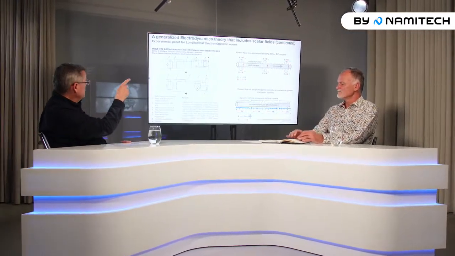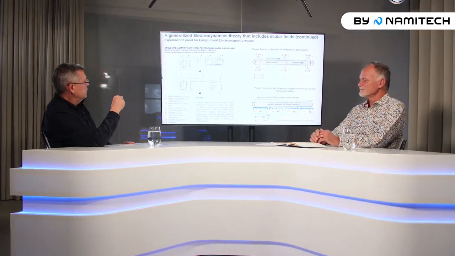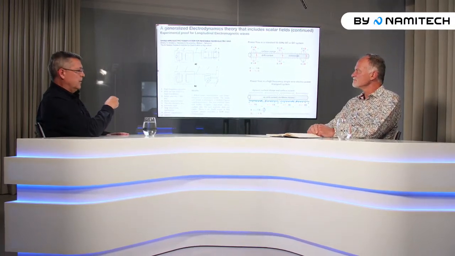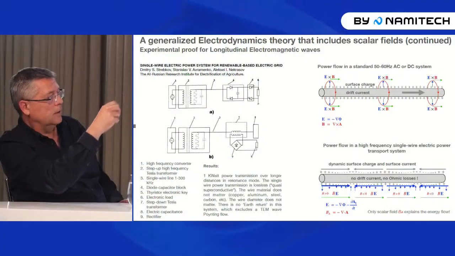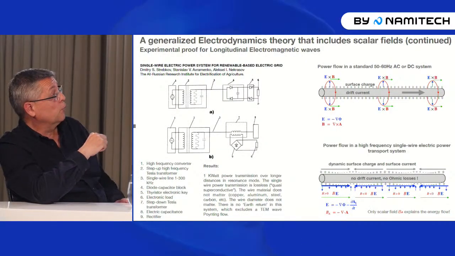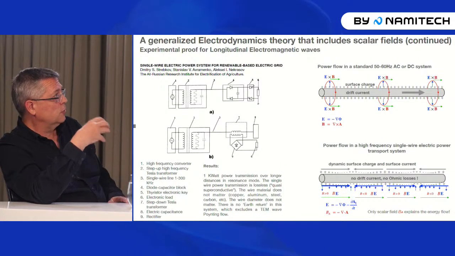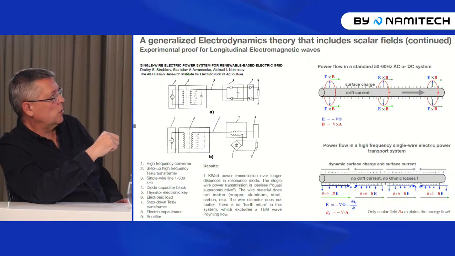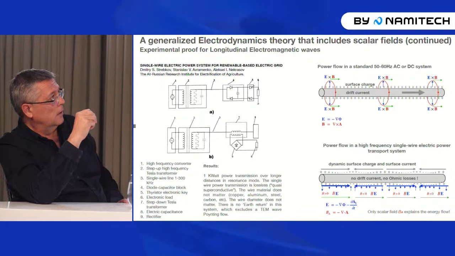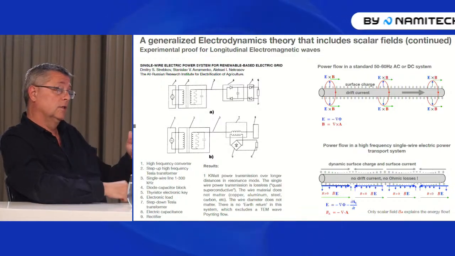So at your right-hand side, there is a more traditional situation of power flow over a copper wire. And that power flow is based on the Poynting vector. And that's the cross product of E and B. And for this we have to have surface charges and drift current that source electromagnetic fields, but in a traditional way. So this is only for a 50 or 60 hertz system, and for DC systems.